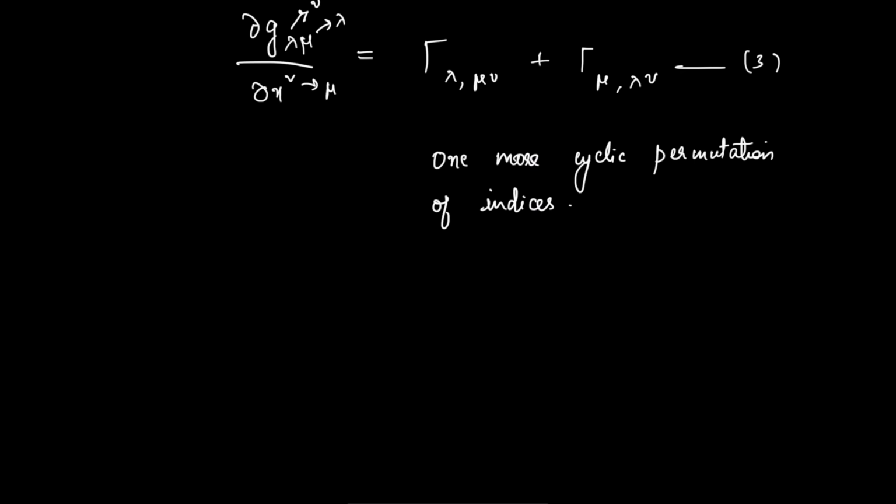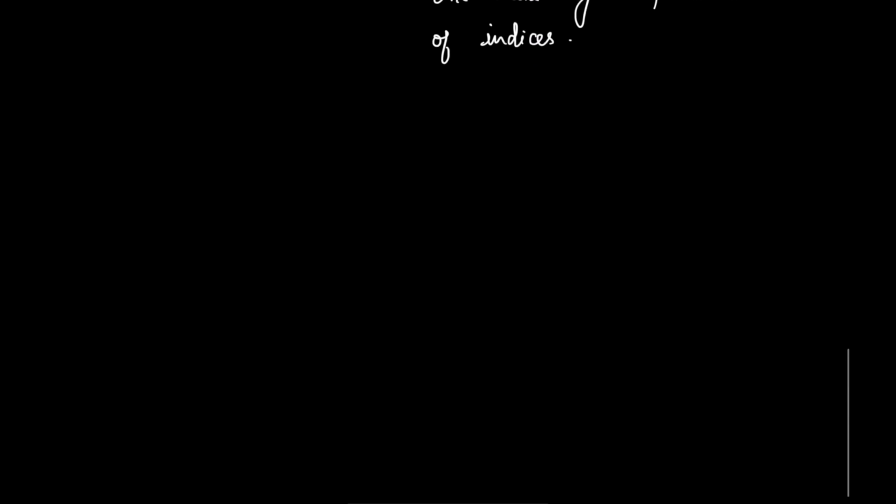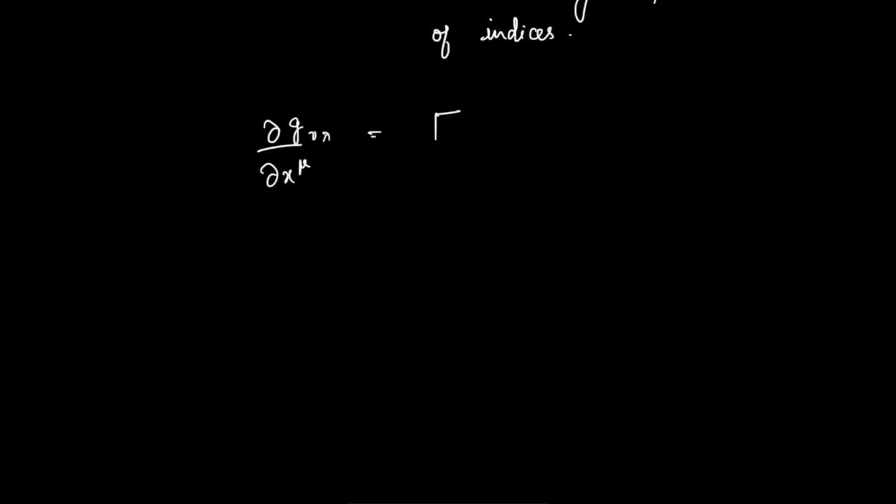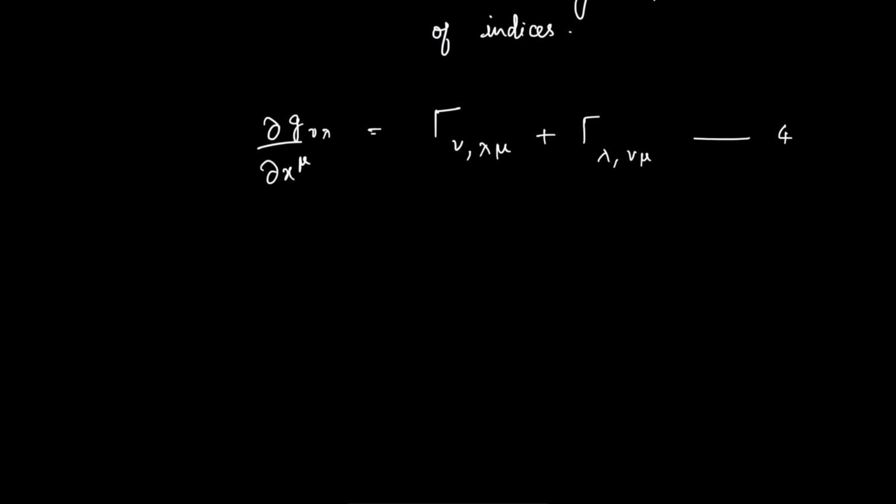Similarly on the right hand side also. So I can write partial derivative with respect to x mu of g nu lambda equals Christoffel symbol nu lambda mu plus Christoffel symbol lambda nu mu. Okay, so let this be equation number 4.